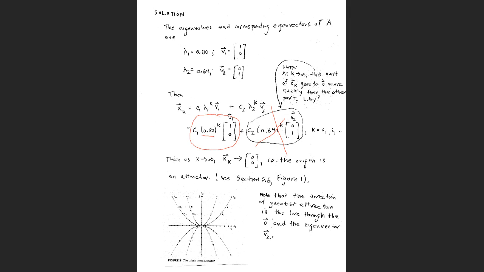Well, (1, 0) is the vector v1. Is that eigenvector on the x1 axis or the x2 axis? It is on the x1 axis. And so that's why, as k increases, the x goes into the origin, but it eventually is going to follow the x1 axis by virtue of the fact that that's the part of the solution that's left as k is large.